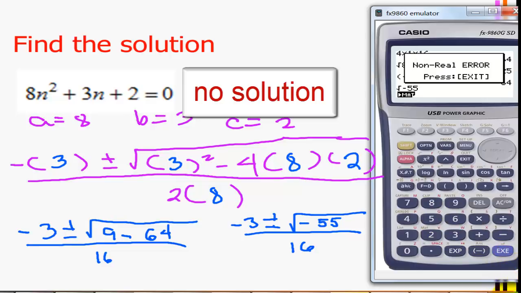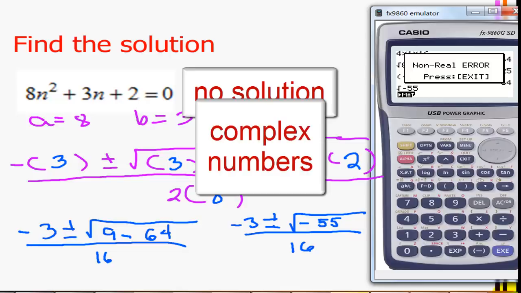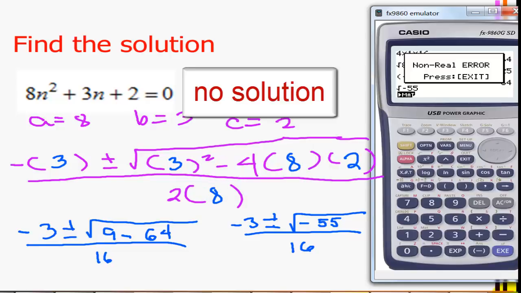Okay, but of course, we have a bigger set, a set that is bigger than real numbers. Okay, and that set is our complex numbers. You are going to learn more about complex numbers when you take algebra 2.